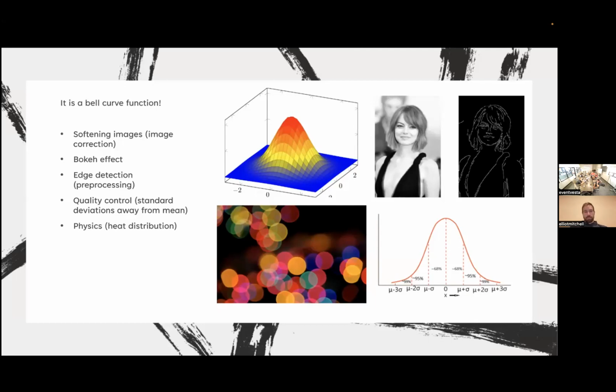When you soften an image and you make it smoother, like when you think about segmentation and edge detection in graphics, it's also a big part of that because you can tell differences between one color and another. You can start to make judgments based on what is the edge of an image. And quality control, obviously, that's part of the bell curve. If you're so many deviations away from the mean, you could probably start to assume something's wrong or something's really good. And then it goes into physics. A bunch of industries dabble with the bell curve.